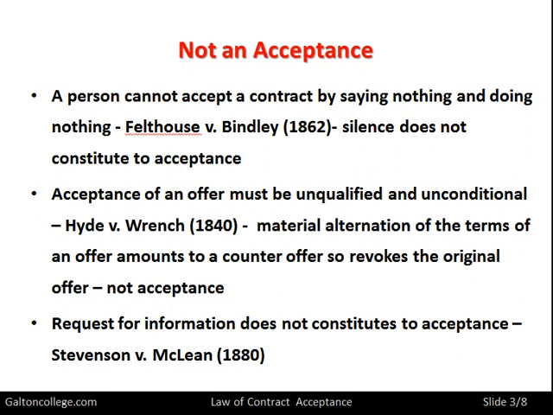So it was a request for information and did not constitute acceptance. So the contract had not gone through. It was just a question of clarifying what was meant in the contract. But that request for information was not acceptance of the contract. So there was no contract, because it was just a request for information.